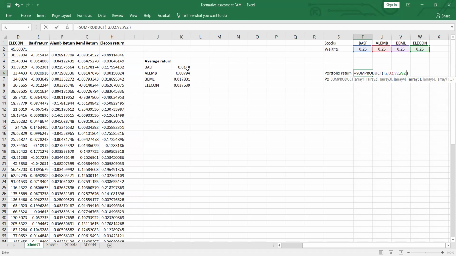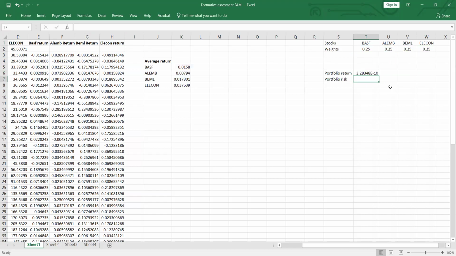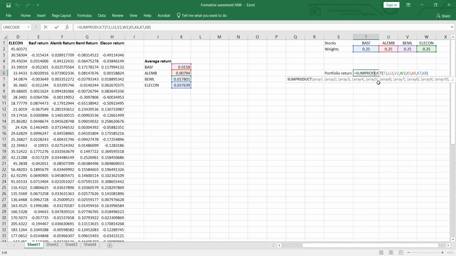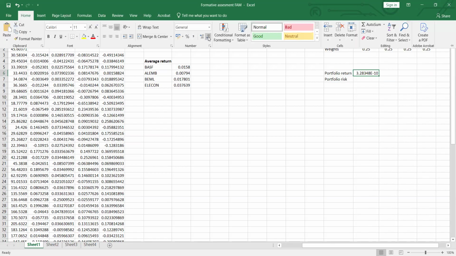Then we check that. This is my portfolio return. We remove the decimal.